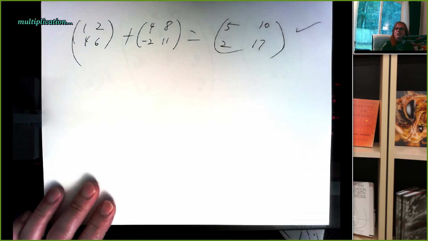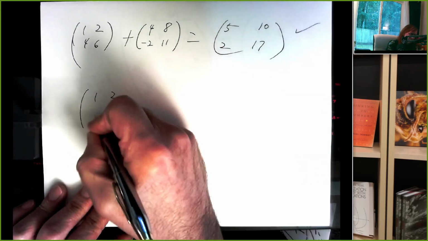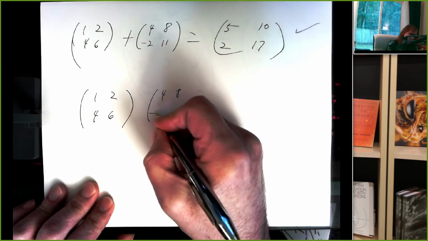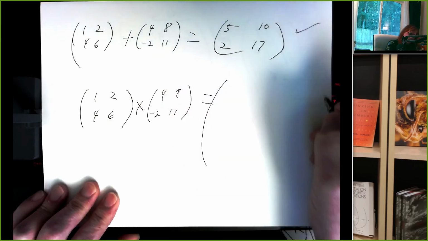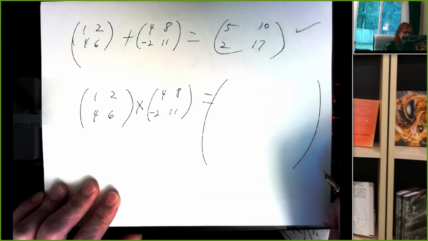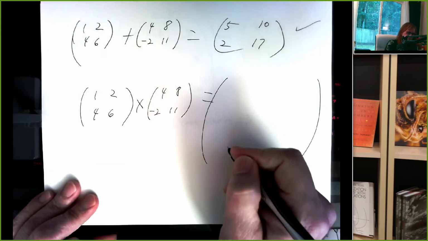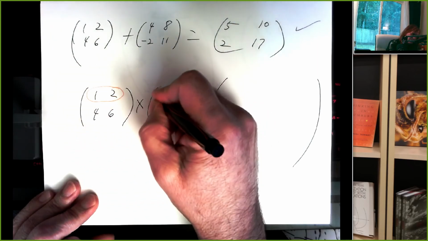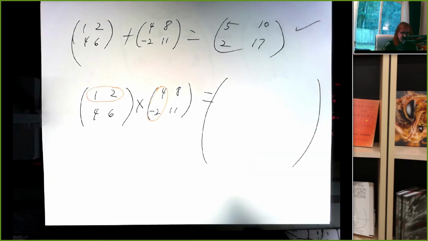So multiplication, we do something very odd. We're going to get a big matrix out of the end. But this term in the upper left corner, we're going to get by taking the first row and the first column and doing what's called a dot product.